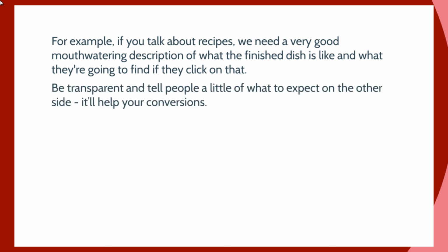You always want to be transparent and tell people a little bit of what to expect on the other side. So when I mean other side, I mean when they click, they are sent to a piece of content. And that will actually help your conversions, and it'll also help gain trust, because people will realize that you're being genuine. You're not hiding anything or anything like that.